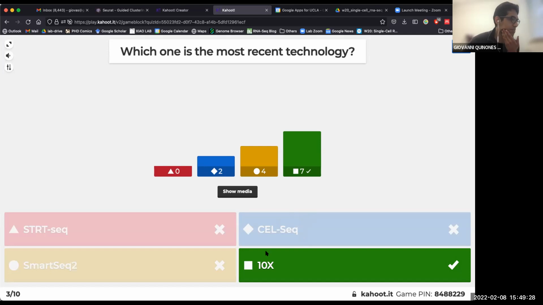And like I mentioned, it's probably one of the most commonly used technologies in single cell nowadays. SmartSeq, on the other hand, not so recent, 2014. And CellSeq and StarSeq is the oldest, so I'm glad nobody selected that one. Great.